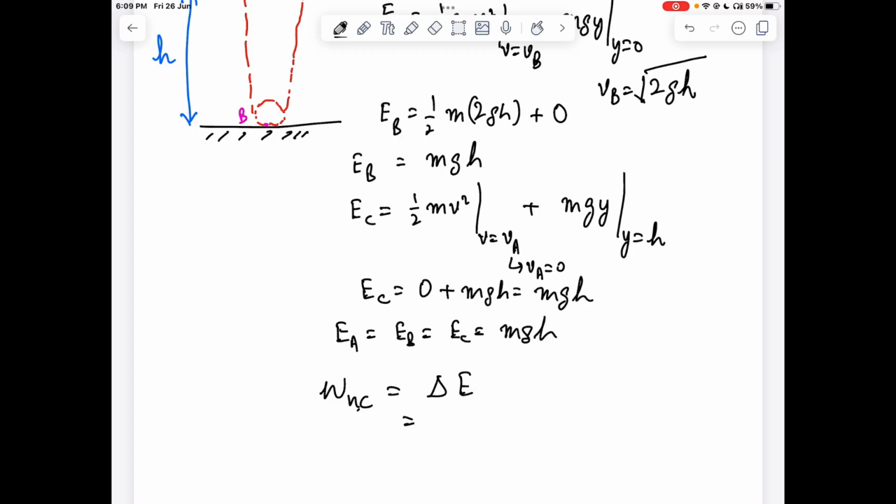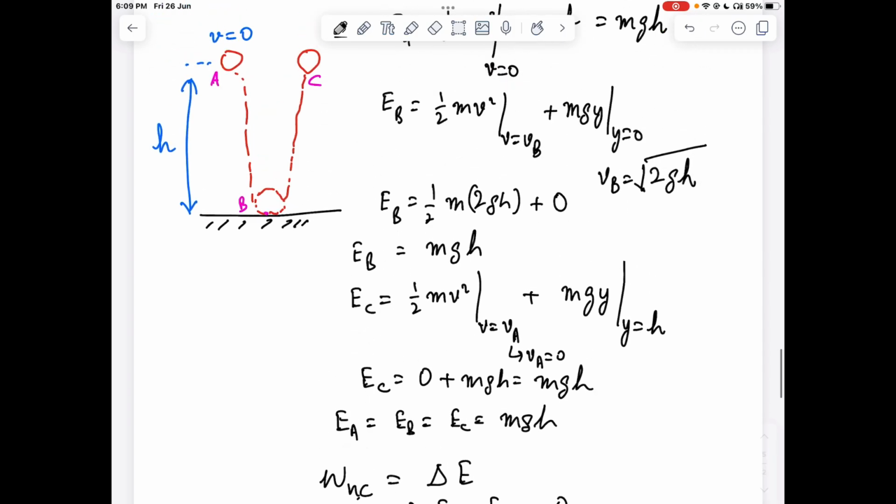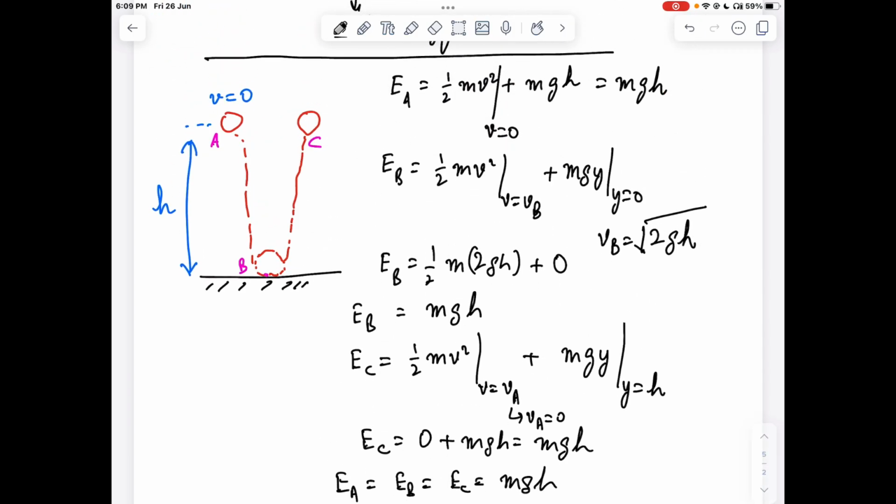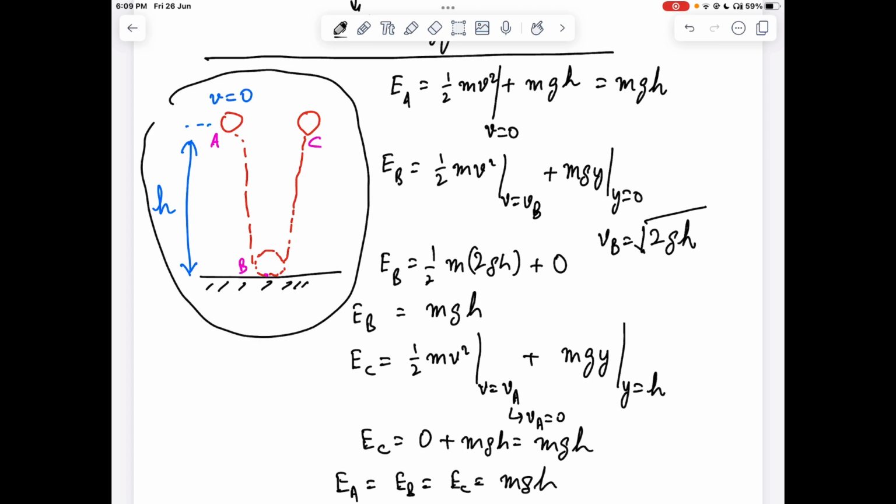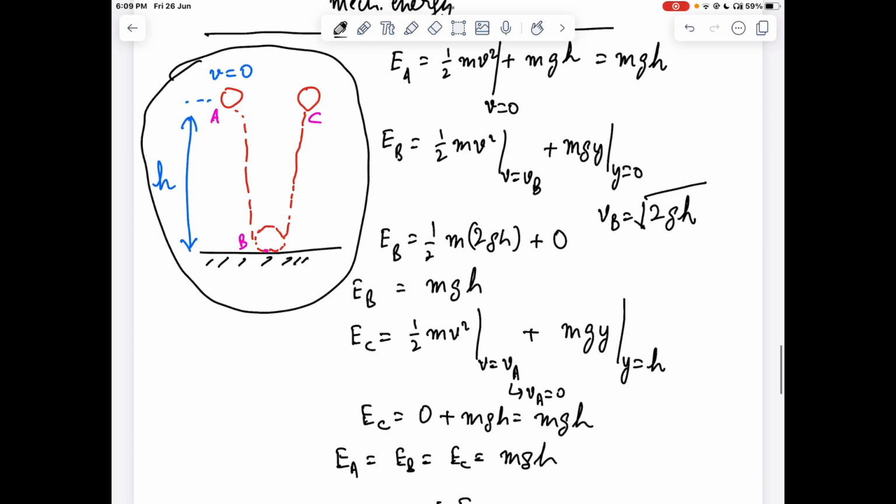Now, since E_B minus E_A is equal to 0, this implies that the work of the non-conservative force is 0. Of course, we can see clearly in this setup that the force acting on the particle at any given point in time is quite simply mg, except at the point B, right?